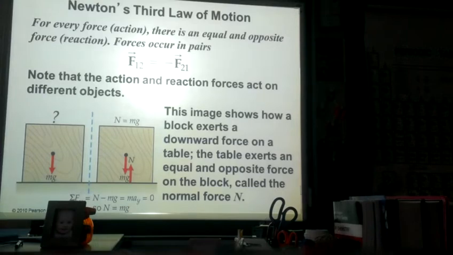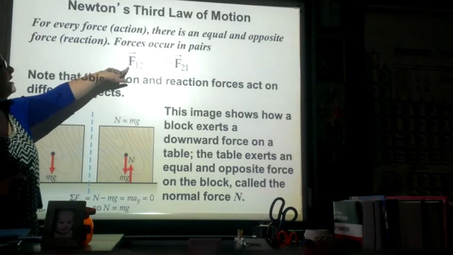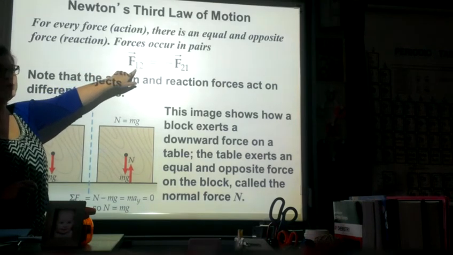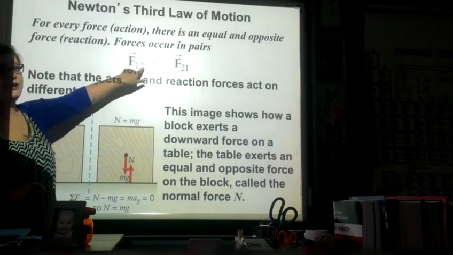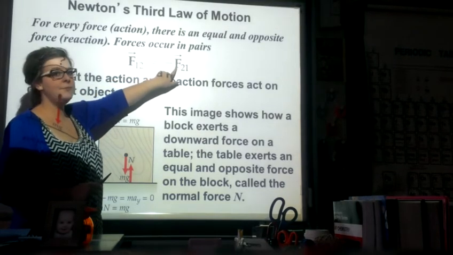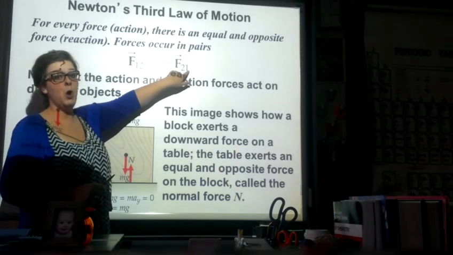So with this notation, the way that you see it here, I have the force of object 1 on object 2, and that's equal to the force of object 2 on object 1.